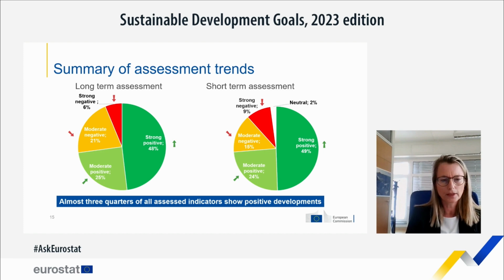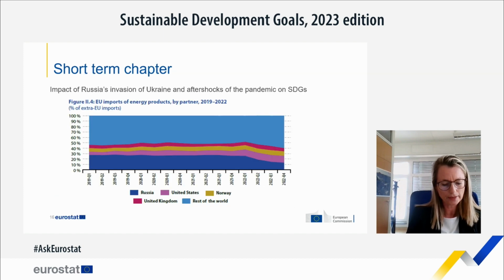Then one additional chapter we have in the report is shown on the next slide, because most of our indicators are annual, so it takes some time to reflect also short-term development. And therefore, we have introduced since last year a separate chapter, and we show here the impact of Russia's invasion of Ukraine and the aftershocks of the pandemic. You find there all different indicators, for example, inflation rate. I show here just a few examples.